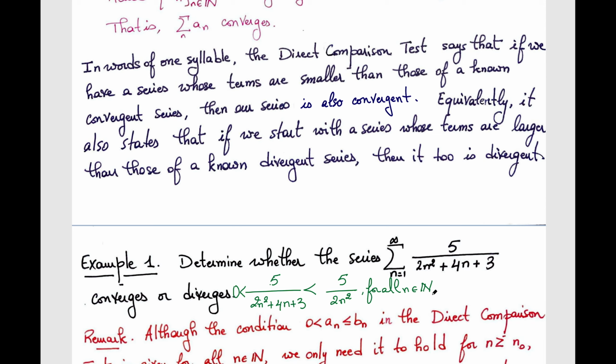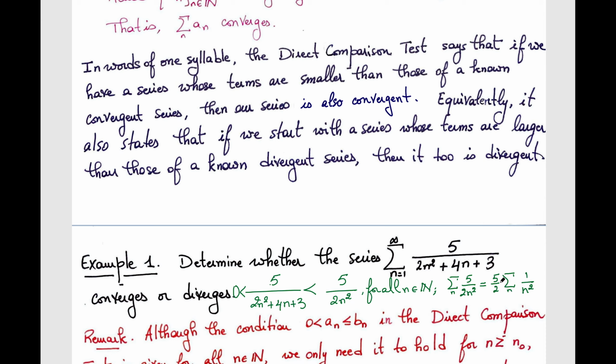So let me write the detail just as much as I can fit here. The series whose terms are 5 over 2n squared is the same as 5 over 2 times the series 1 over n squared, where n goes from 1 to infinity. I'm not going to write everything, so you got the idea.